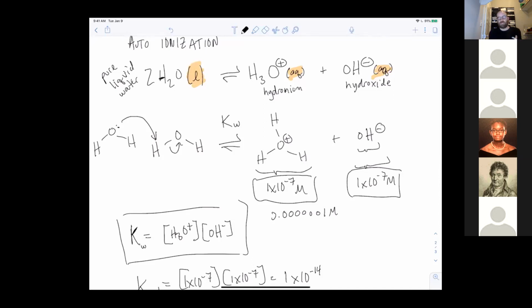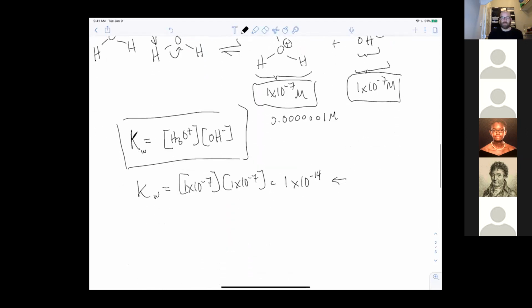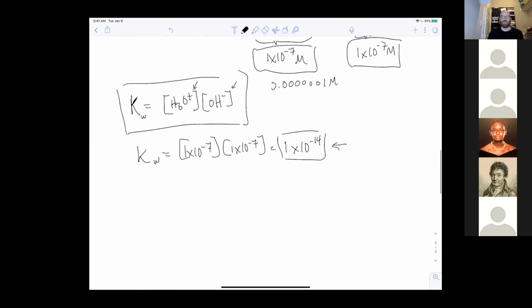This is where the Arrhenius kind of thinking comes in. I'll form more hydronium, but Kw still has to equal 1 × 10⁻¹⁴. So if your H3O plus concentration goes up, then your OH minus concentration must go down, because this always has to hold, which gets back to what we were talking about in terms of equilibrium.